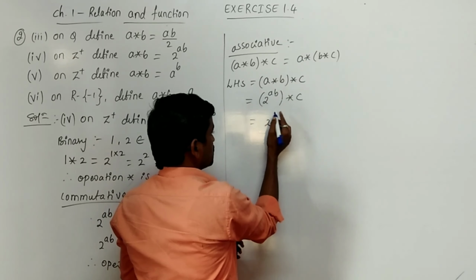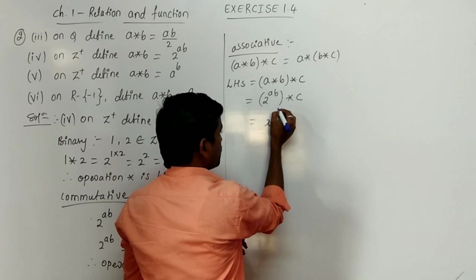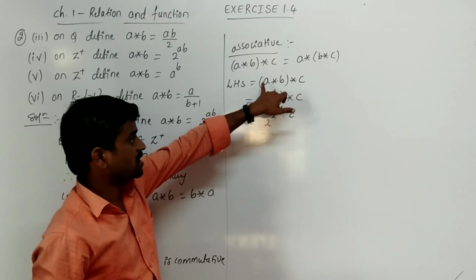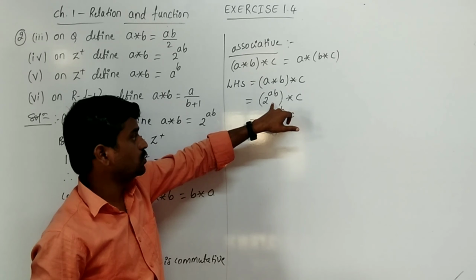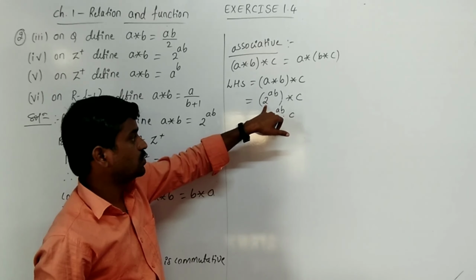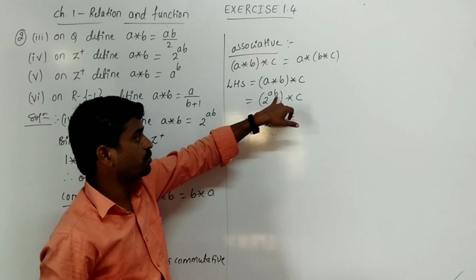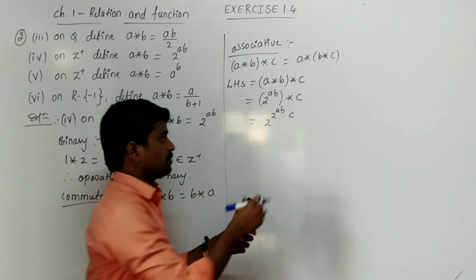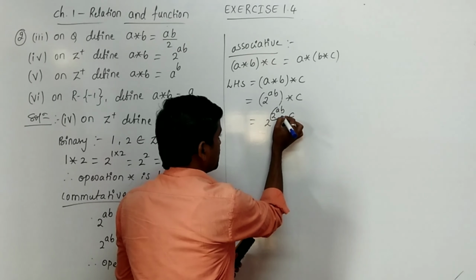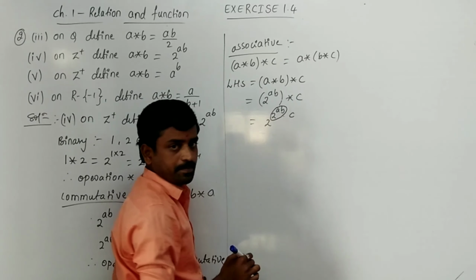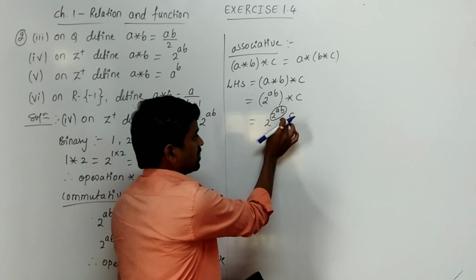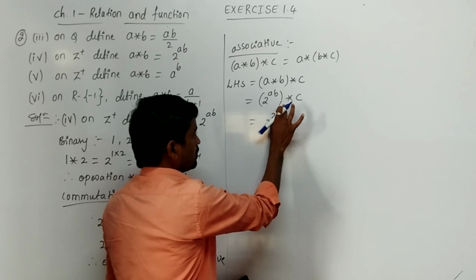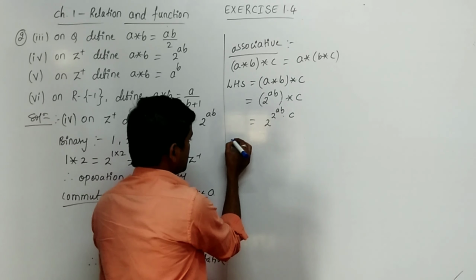So 2 to the power of ab into c. a star b is 2 to the power of a into b. 2 to the power of a into b star c is 2 to the power of, this whole a into b is the term, into c. This is LHS. Next RHS.